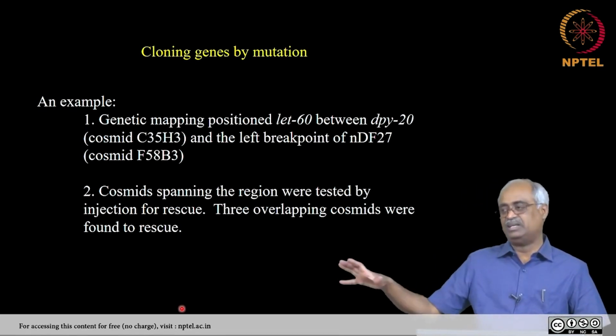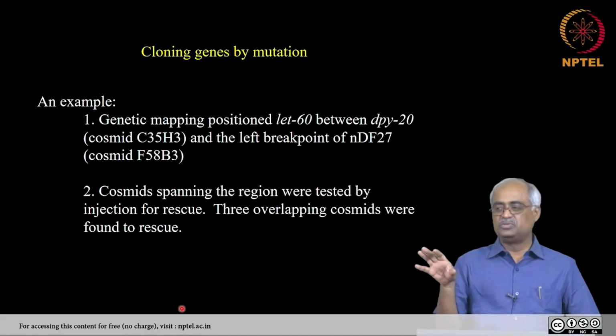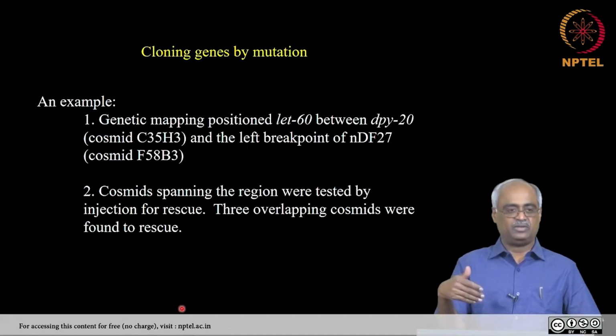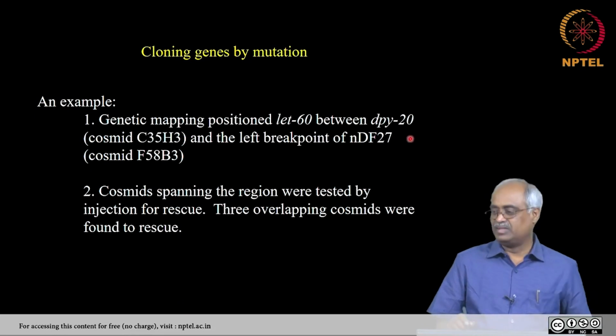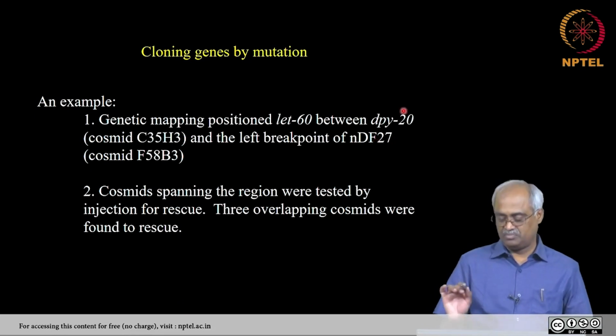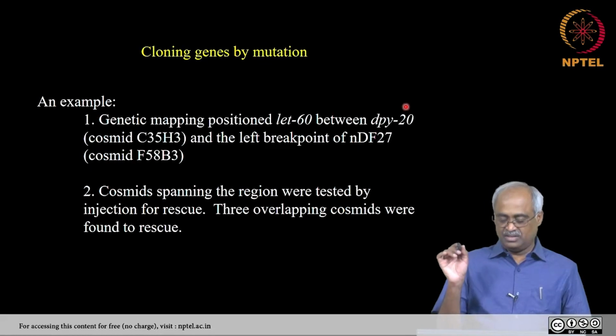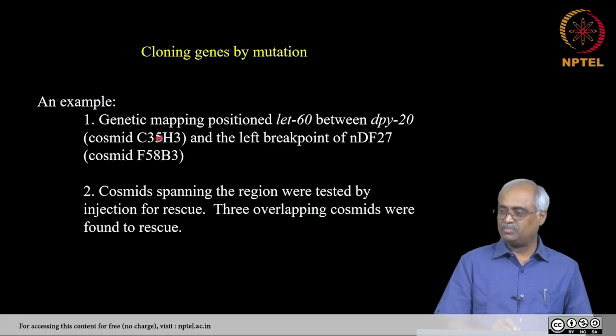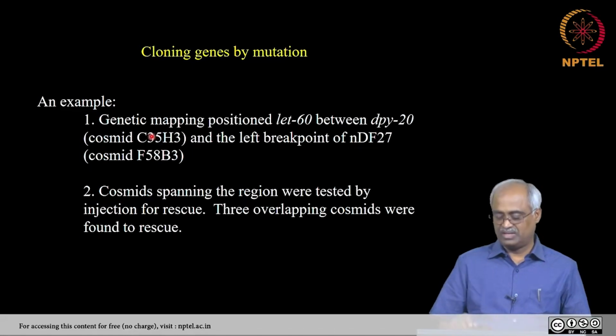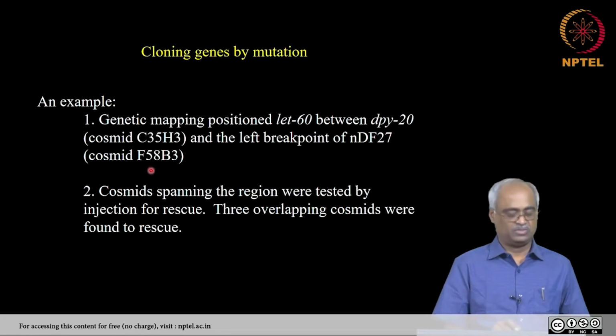These are often used to determine whether an allele that you got is a null allele or not. We will deal with that if we ever need to get into it. For now, all you need to know is treat this as another known gene, like dumpy20 is a known gene. Its genetic position is known, physical map, this cosmid is known. Similarly, this is another known mutant and its genetic map is known, cosmid is also known.